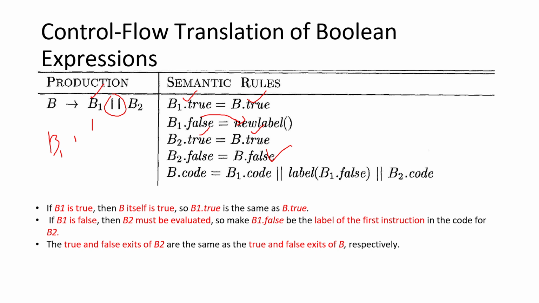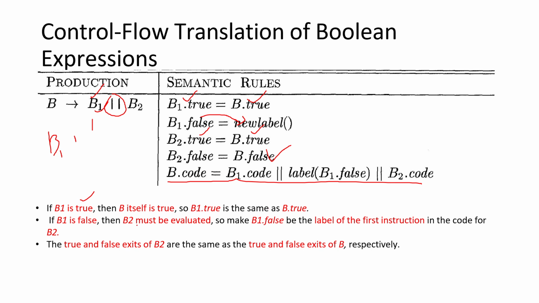Now we will write the syntax directed translation for this. B.code equals, first we evaluate B1.code, then label of B1.false, then B2.code. As I told, if B1 is true, then B itself is true, so B1.true is the same as B.true.